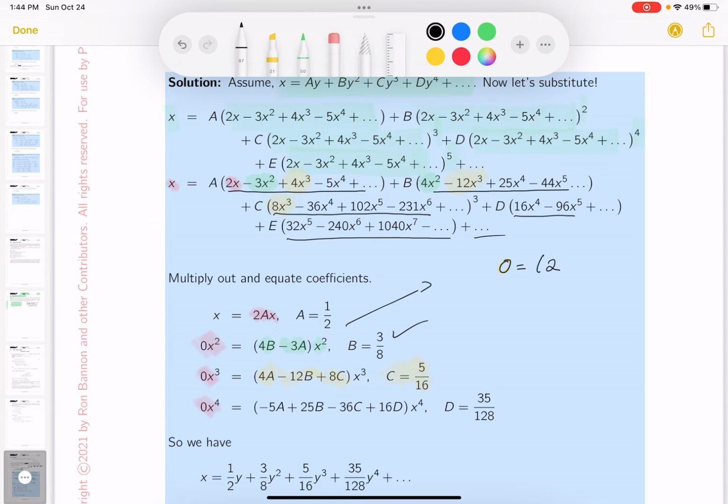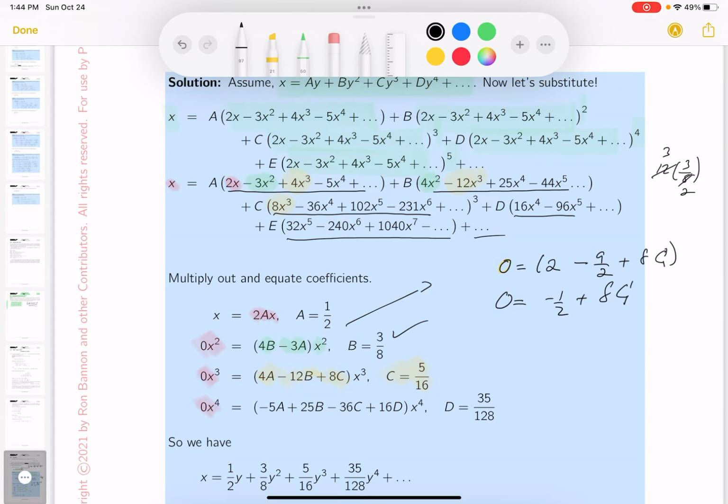That's a little more complicated, right? 12 times b. b is 3/8, right? So I'm going to say 4 goes to this 3 times 2. So 9/2. And then 8c. I don't know what c is, by the way. Well, let's do this. That's going to be minus 1/2 plus 8c.